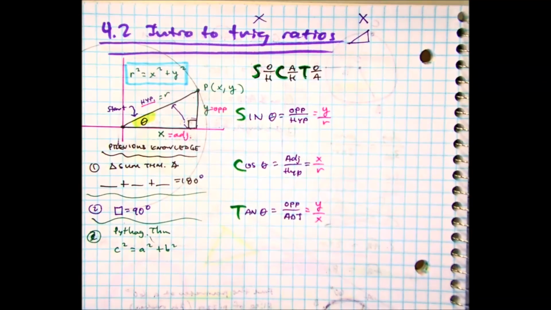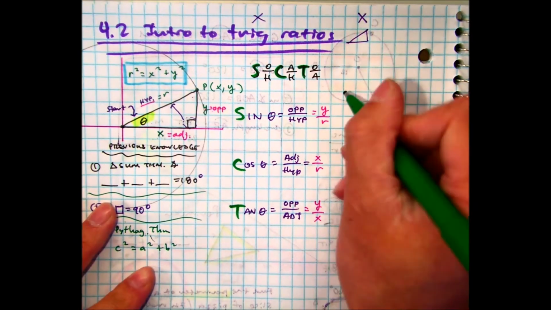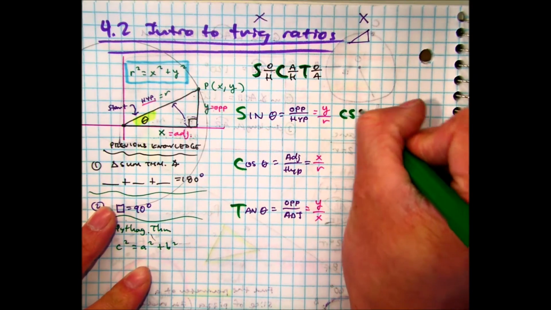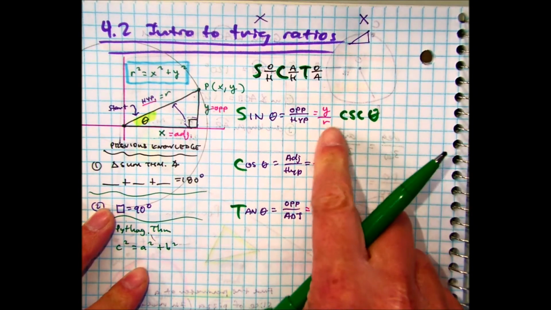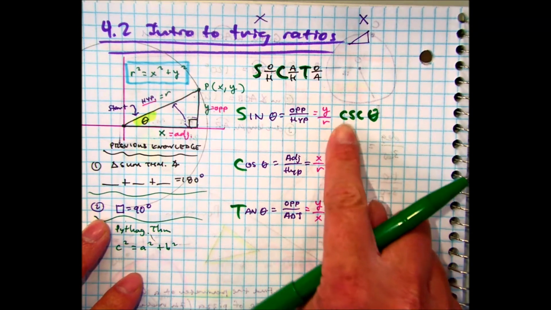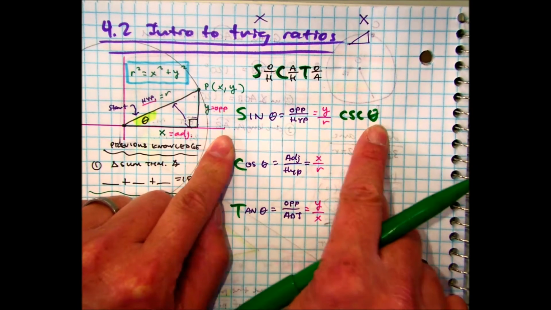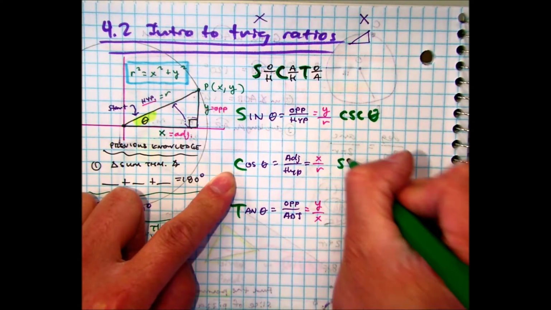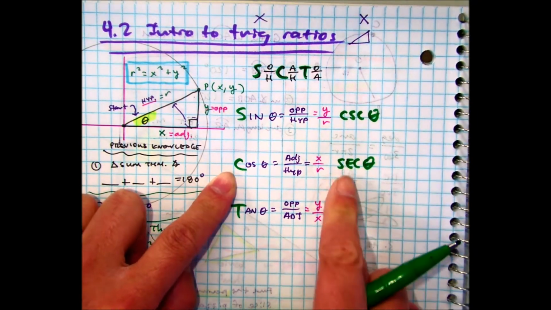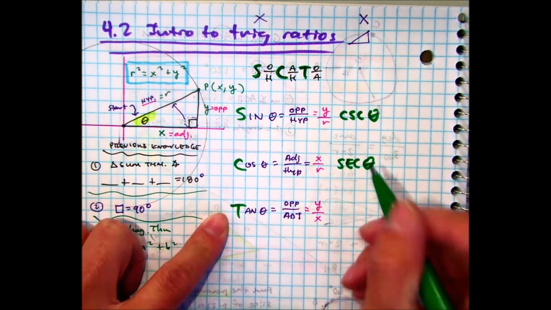Alright. Wonderful news. We don't just stop at the three basic trig functions. We have more. Everyone say cosecant. This is the abbreviation for cosecant. It is related to sine. That's why I'm drawing it right across from it. Everyone say secant. Secant is related to cosine.